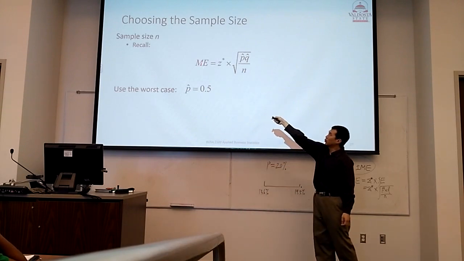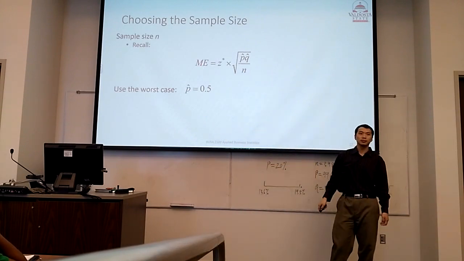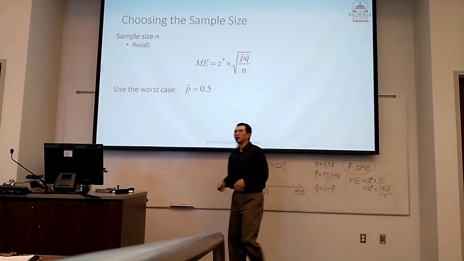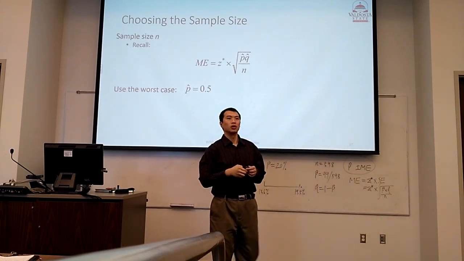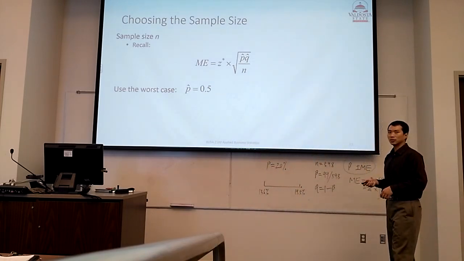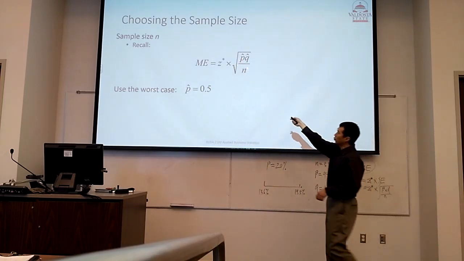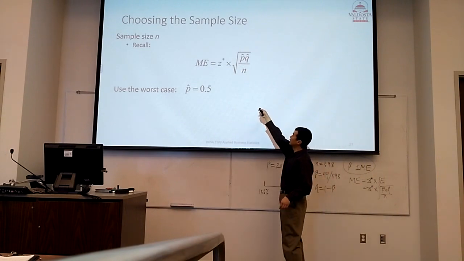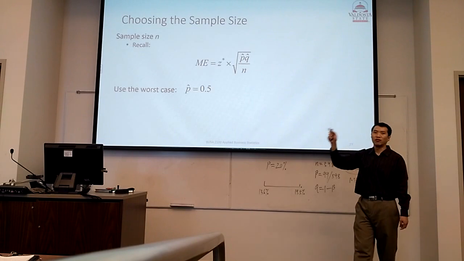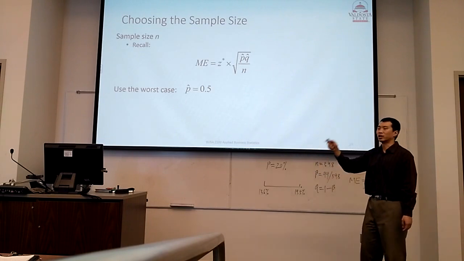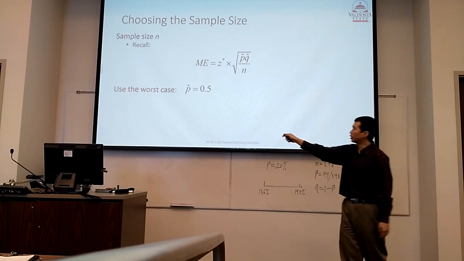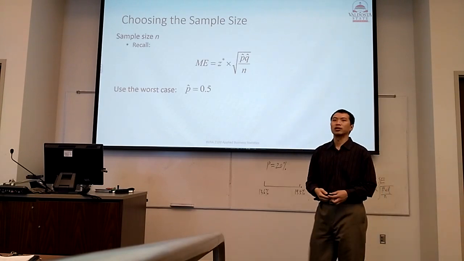So assume we know this, and we also need to know the critical value. If we want to calculate n, the sample size, what value do we assign for the p hat and q hat? In this case, we use the worst case scenario.